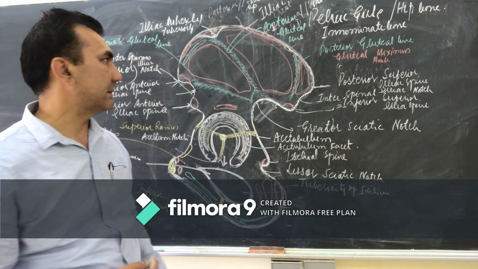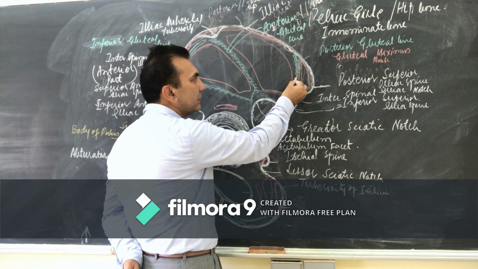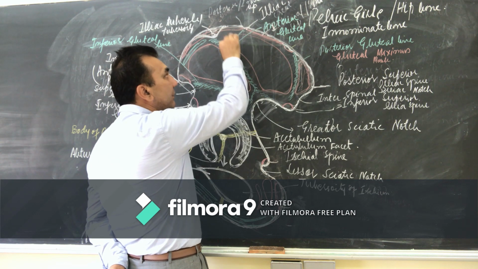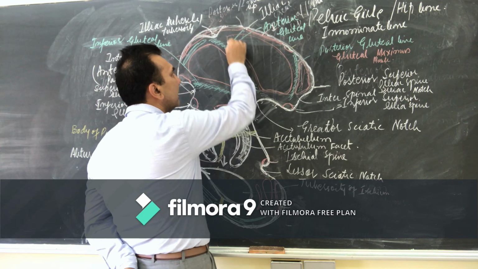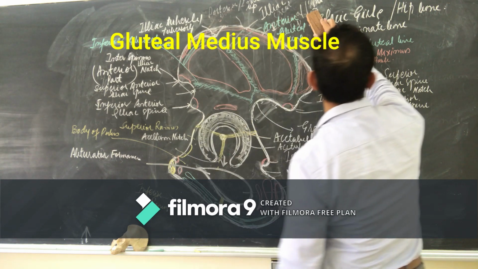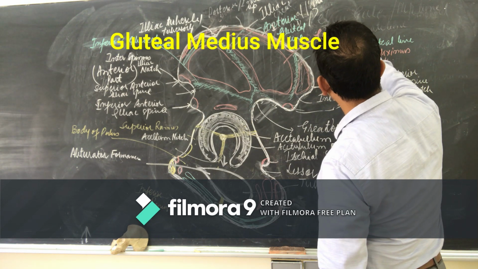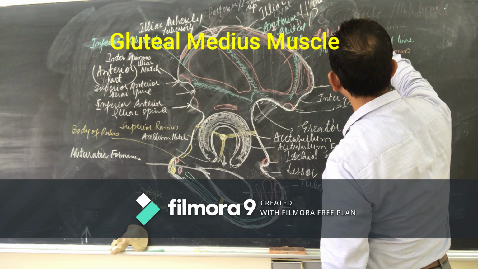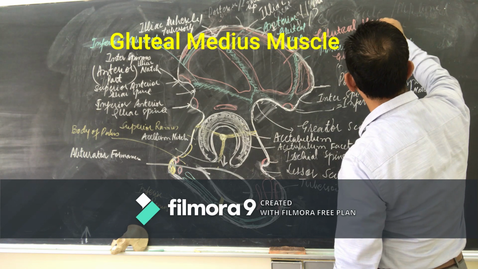Now, just in front of the posterior gluteal line up to the anterior gluteal line, this whole area is for the attachment of the gluteus medius muscle.